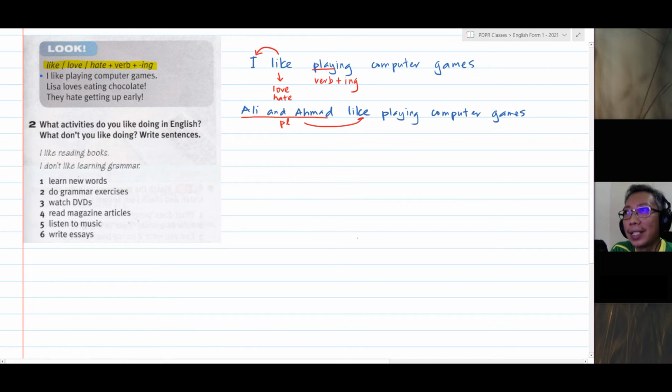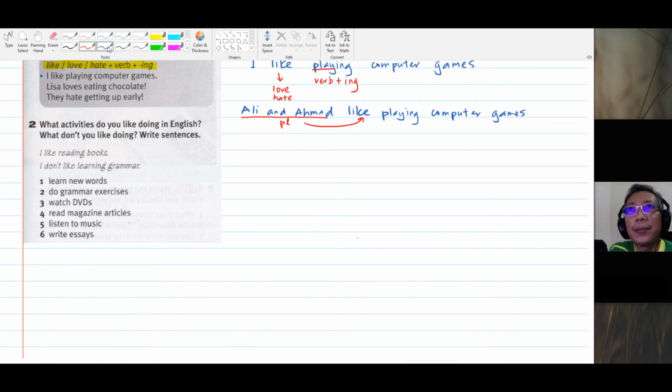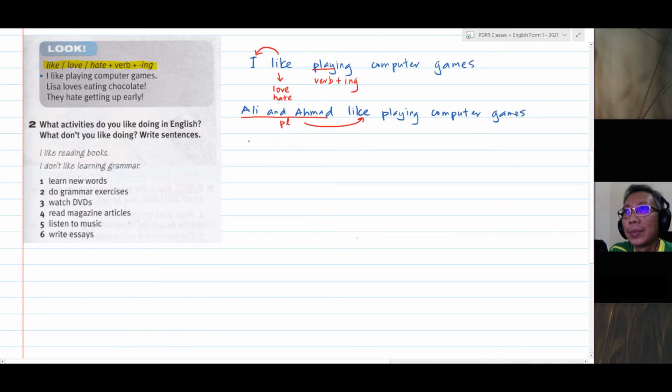So for the word like, you don't have to add s. Let's say you have a singular subject, Ali. So you need to add s. Likes. Ali likes playing computer games. Okay, Ali singular, likes, you add s, so Ali likes playing computer games.